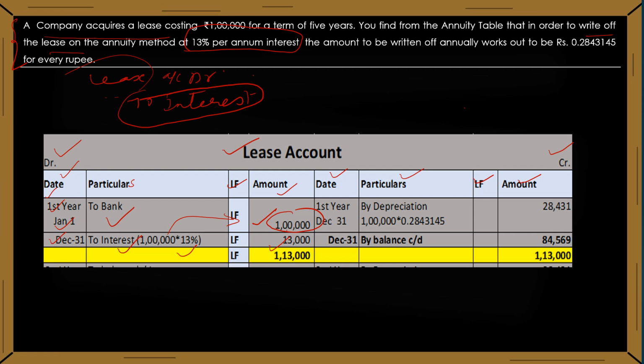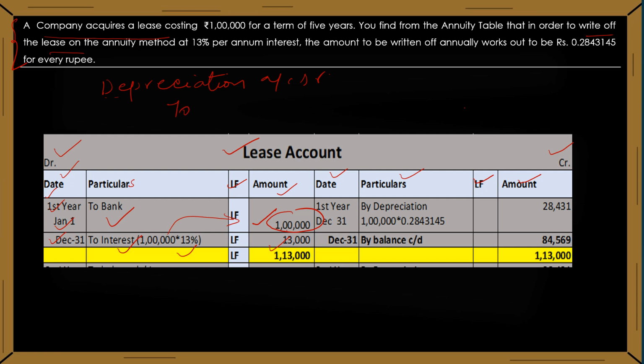Next entry to be passed is for the depreciation. So depreciation is to be charged on the opening balance only, and it's going to remain the same for the next 4 years also, because annuity method is similar to the straight line method of depreciation. So the entry for depreciation is depreciation account debit, usually it is to asset.